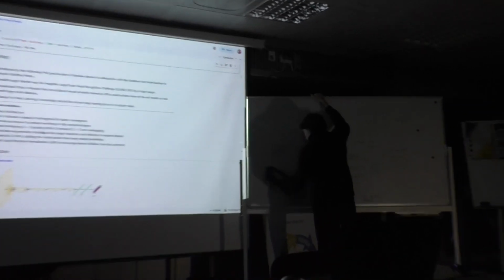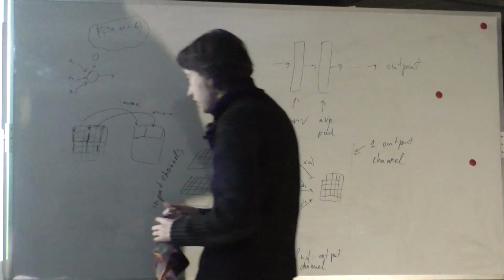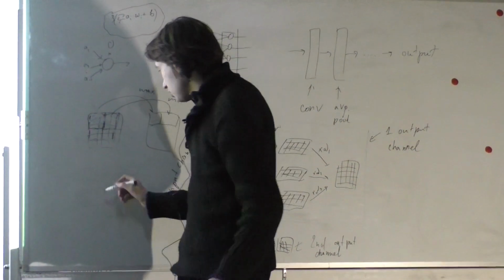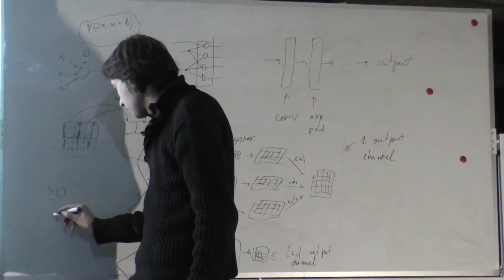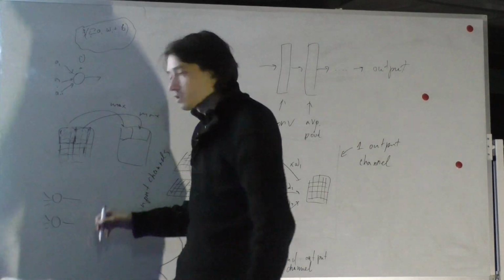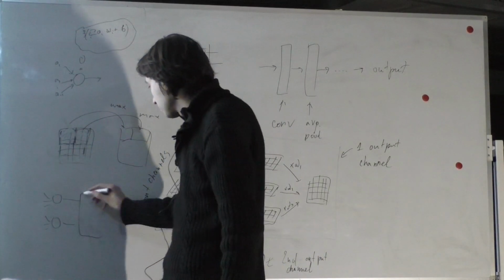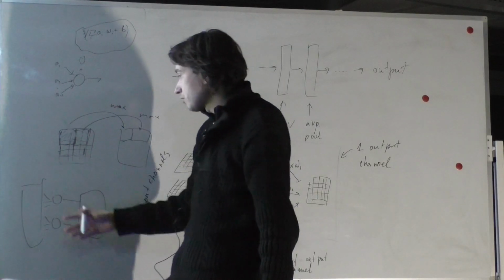Let's be simple. Suppose I have two neurons, they get some inputs, they generate some outputs, and these outputs go somewhere else. So here is some next layer, this was some previous layer, and these are two neurons.